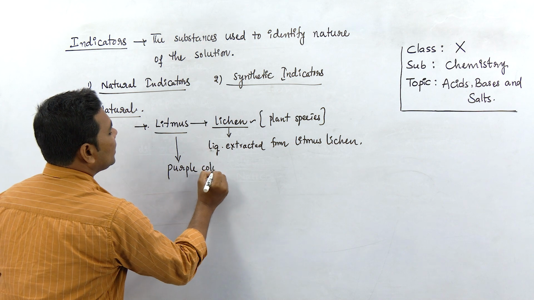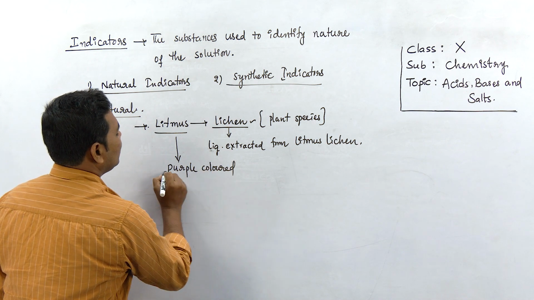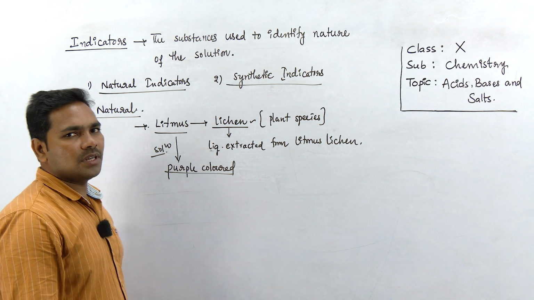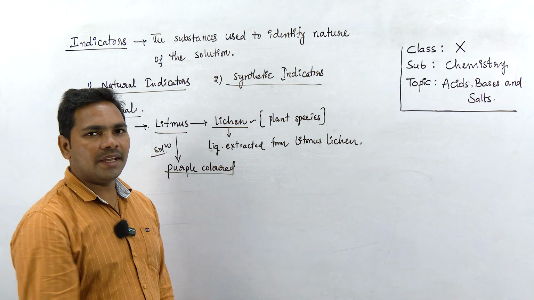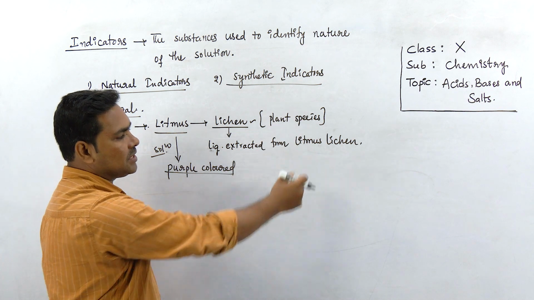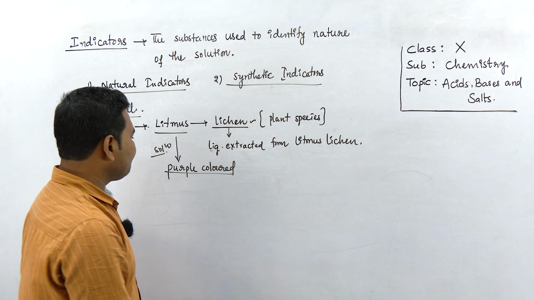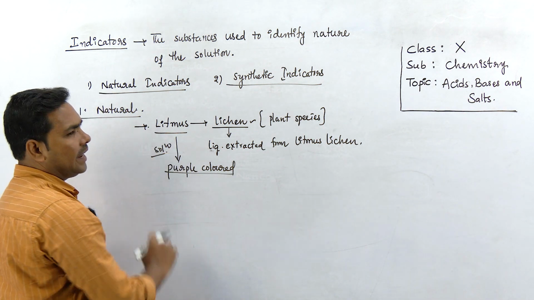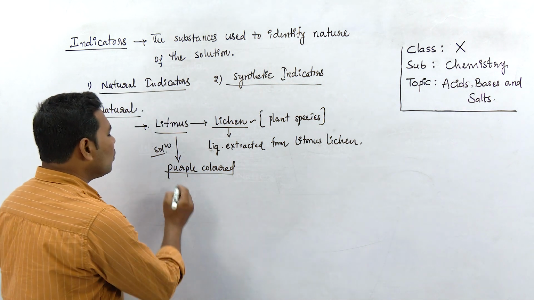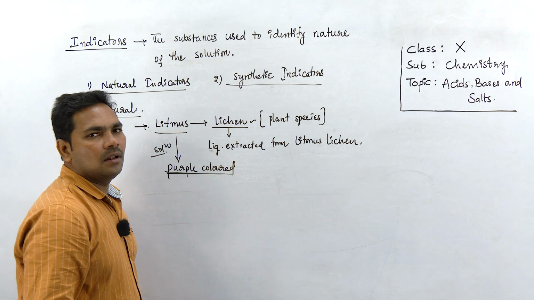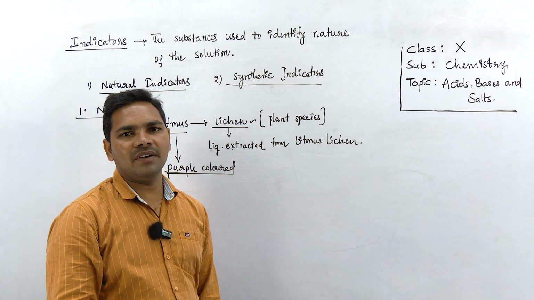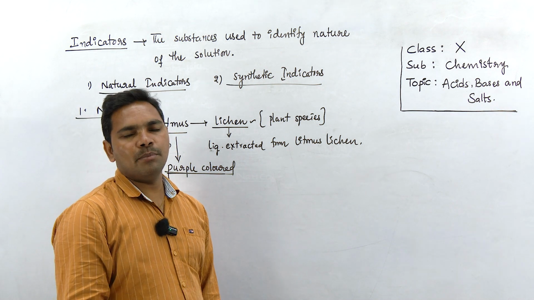It is one of the natural indicators, as it is extracted from a plant species called litmus lichen. The original color of this natural indicator is purple, and this purple colored litmus is used to identify acids or bases.